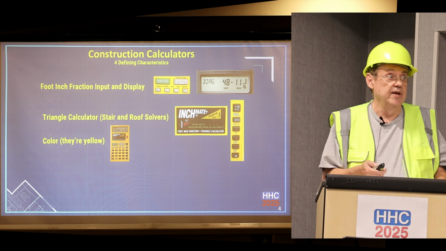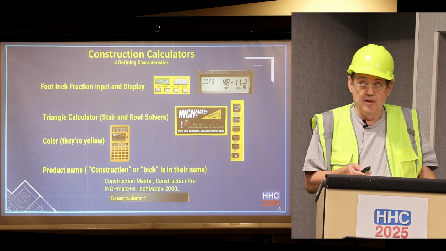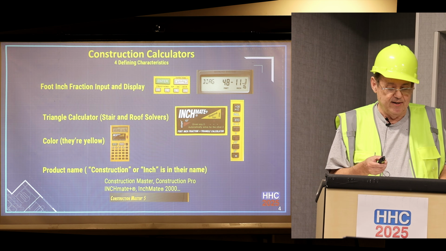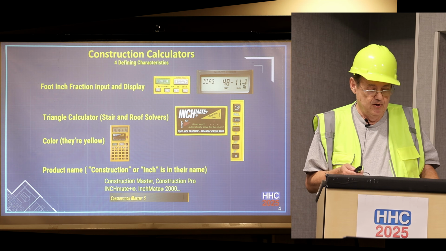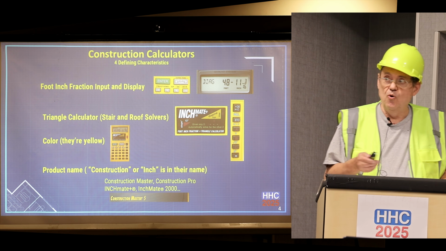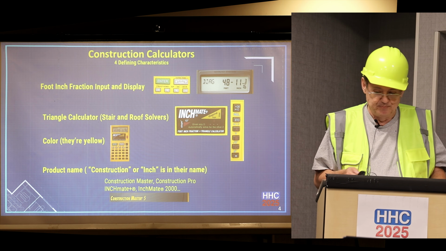Third, they're yellow. And the last, the product names all have construction or inch in their name. So now you are all qualified to identify these things in the wild.